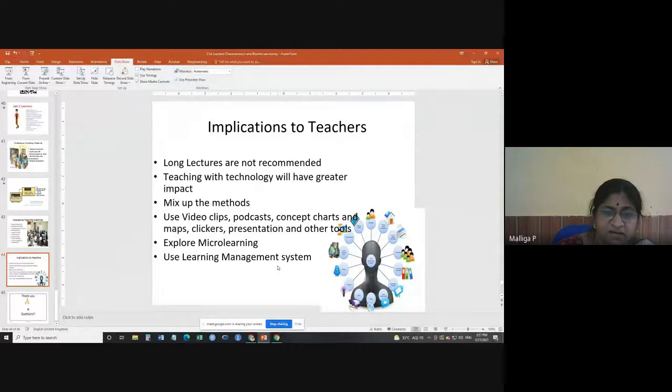It is mandatory. In outcome-based education, every teacher has to use a learning management system. There are hundreds of learning management systems. The popular ones are Moodle, Canvas, Google Classroom. Hopefully, the course outcomes can be mapped also. So this is what I would like to say.